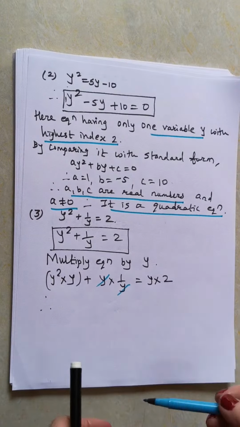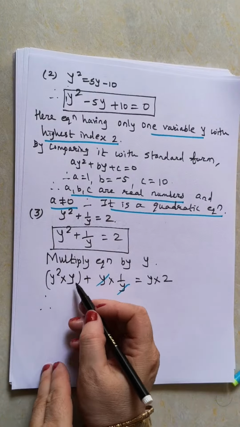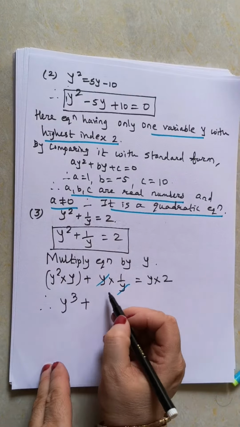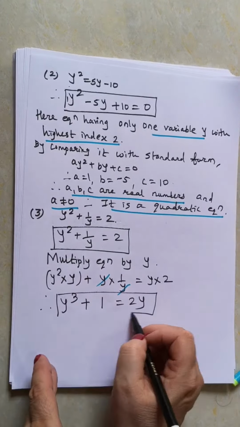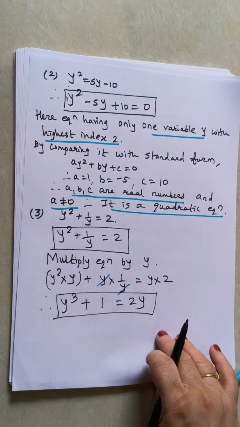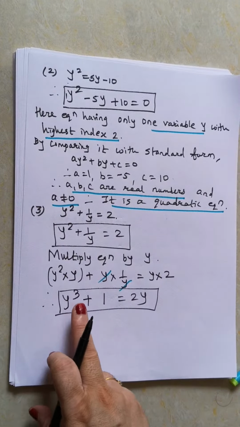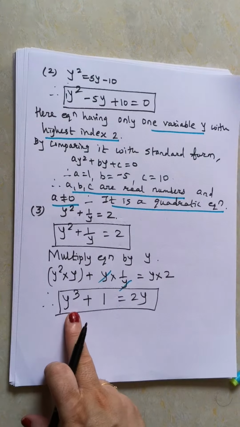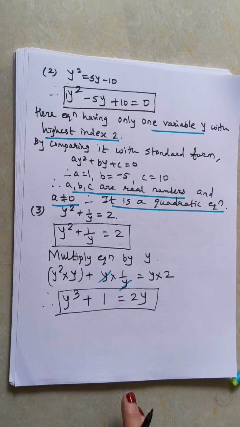So let us remove y. So what happened to this equation? Y square into y, that is y cube, plus 1, that is equals to 2y. Now here if you observe this equation, it is having only one variable y, but its highest index is 3, which is not 2, and therefore it is not a quadratic equation.